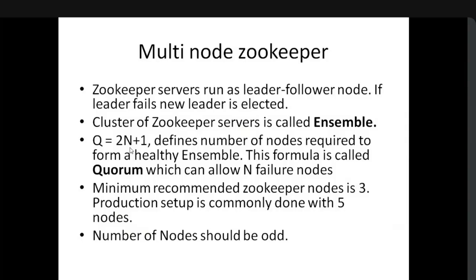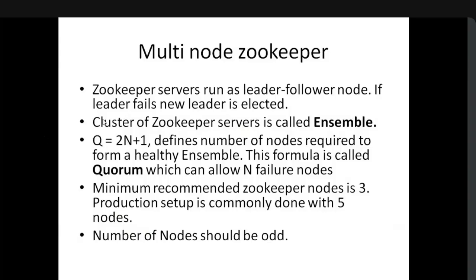Next thing is that the minimum recommended number of zookeeper nodes is 3. We can derive that from this formula only, right? At least 1 node failure we want to tolerate. And if we don't want to tolerate any failure, just give 0.